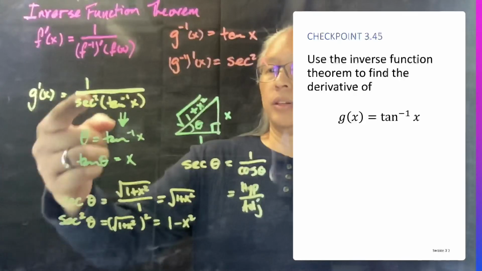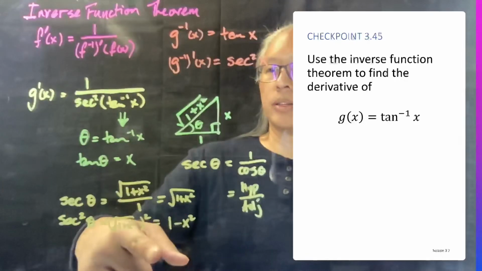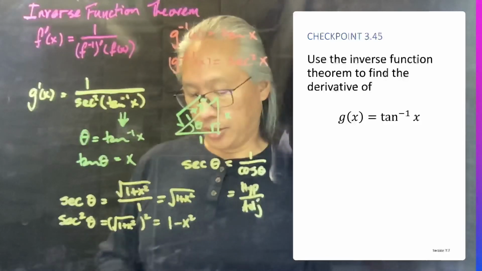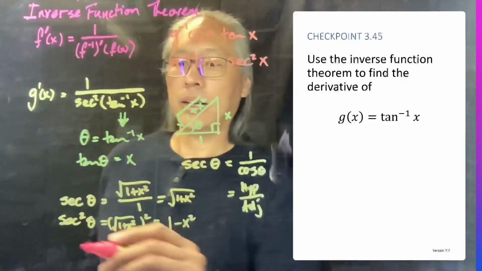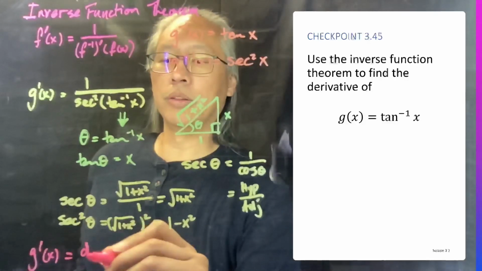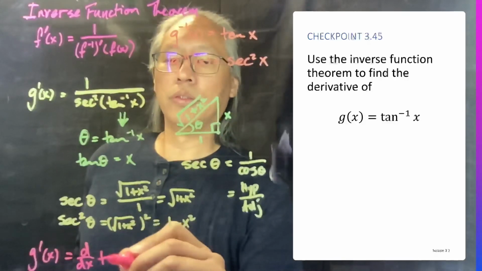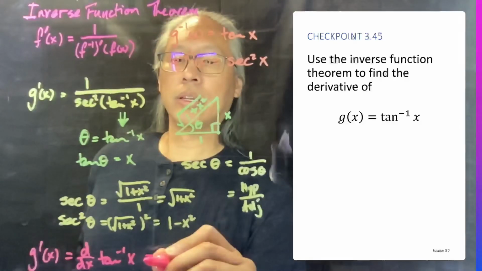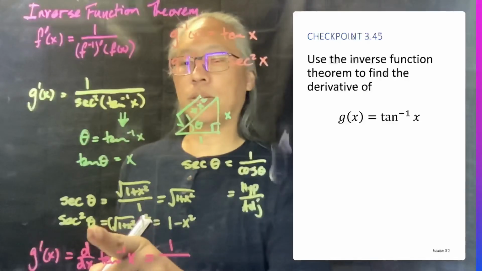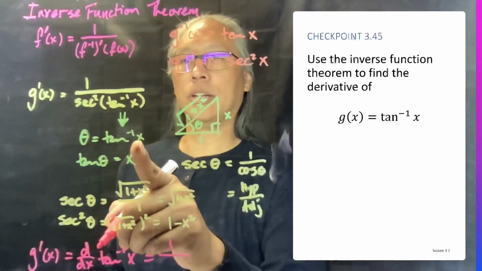The g inverse prime is going to be 1 divided by this expression, so let's do that. We can just say the g prime of x, which is going to be the derivative of the inverse tangent of x, will be 1 divided by the secant squared, because remember theta was equal to tangent inverse.